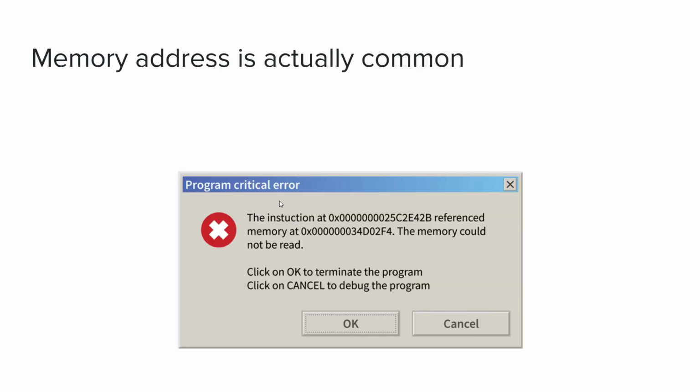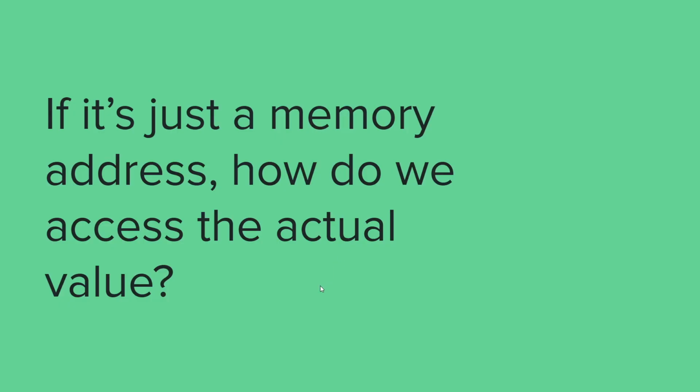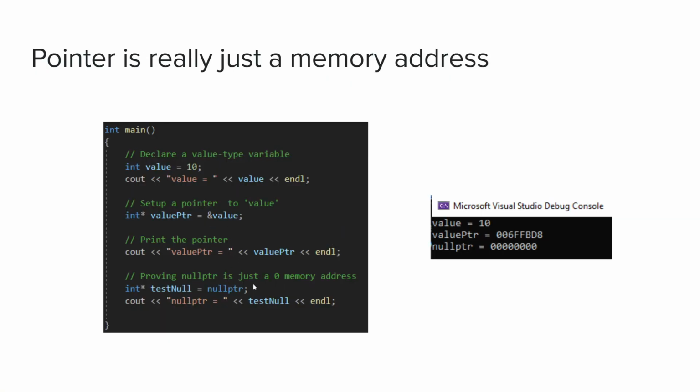None. So memory address is actually common. If it's just a memory address, how do we access the actual value? You saw a while ago how to access the address. How is it useful? Not really.